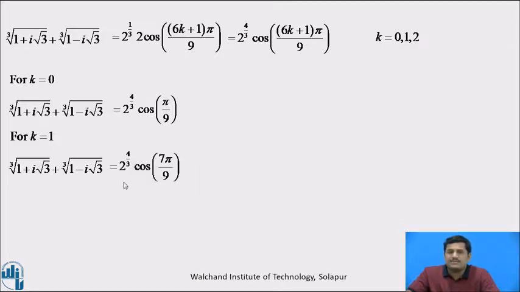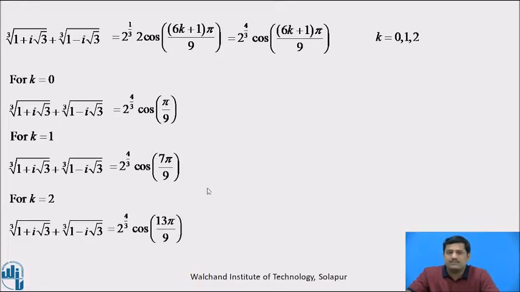So we get 2 raised to 4 by 3 into cos of 7 pi by 9. And for k equal to 2, if we put k equal to 2 here, 6 into 2 is 12, 12 plus 1 is 13. So it is 2 raised to 4 by 3 into cos of 13 pi by 9. So these are the three values of this complex number.